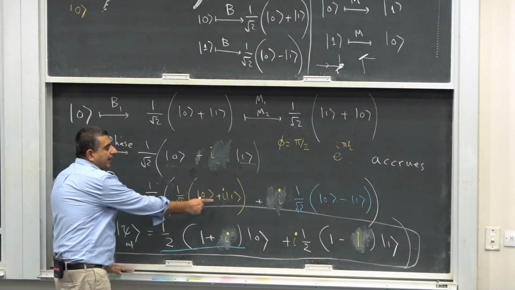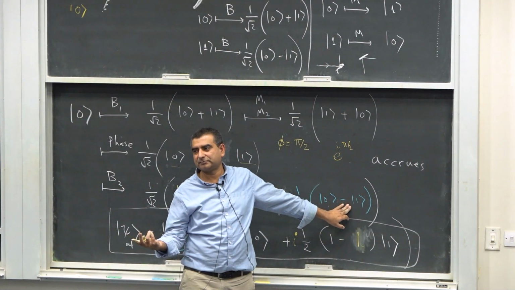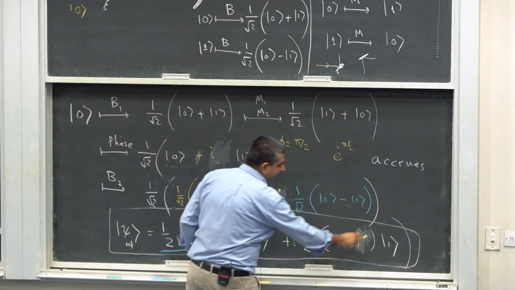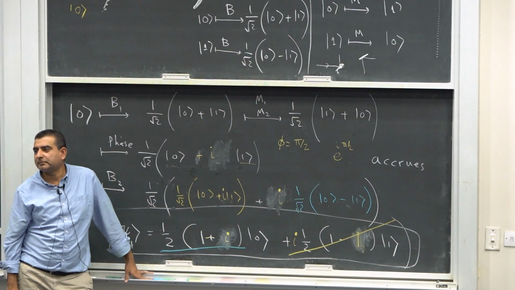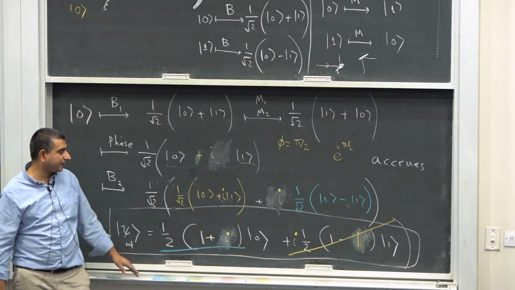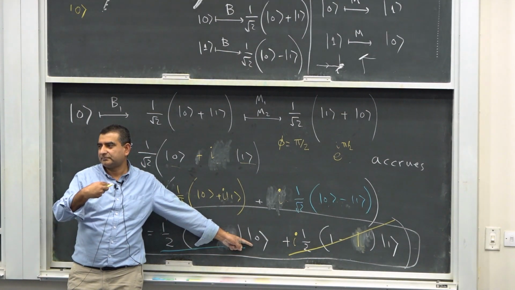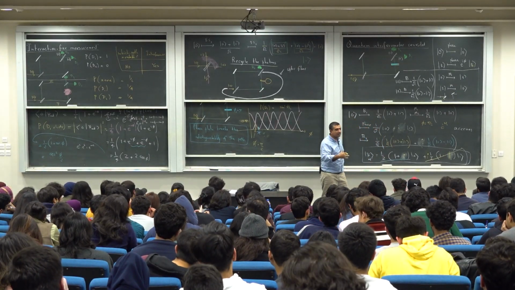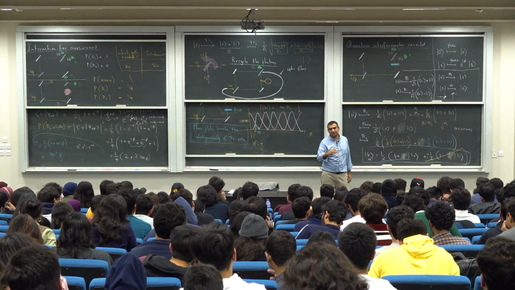Here I have iota cat 1 and here I have minus iota cat 1. Correct? So what happens when I add the two terms? 0. This term just disappears. Got it? So when this term disappears, I'm just left with cat 0. So I do not have a superposition at the end, which means that I have collapsed the superposition after the beam splitter. All right, so that's the answer to your question.